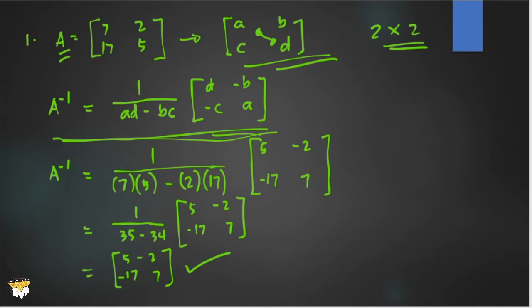Now, how can we be sure na yung nakuha natin is actually the inverse of that matrix? So, to check, sabi ko ba kanina, we have to multiply the given matrix A, di ba, by its inverse.